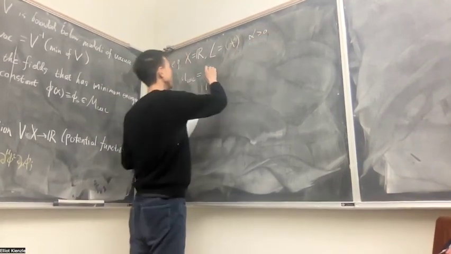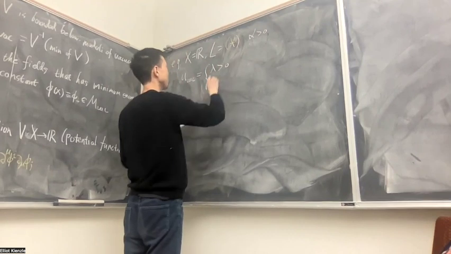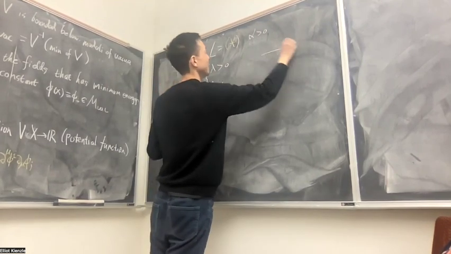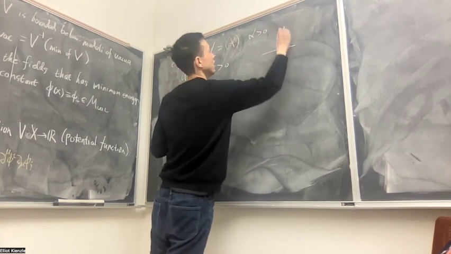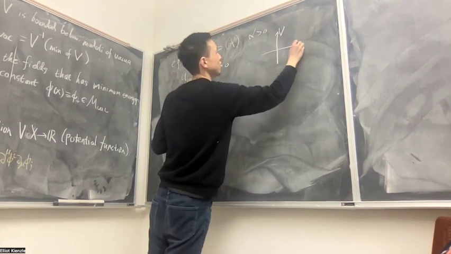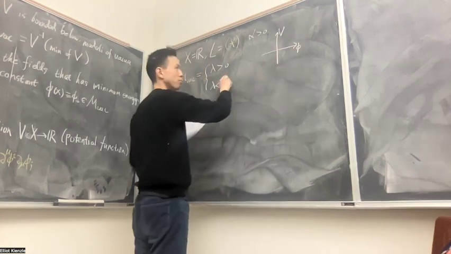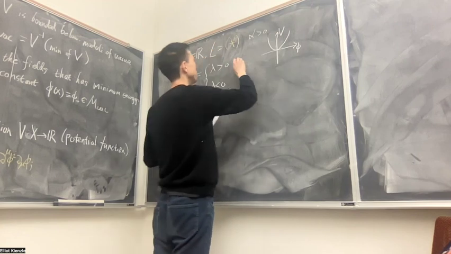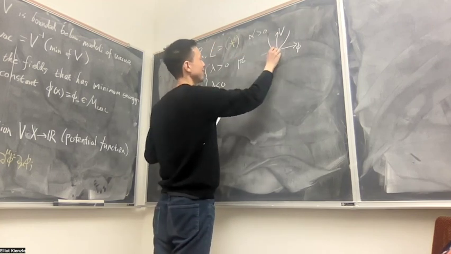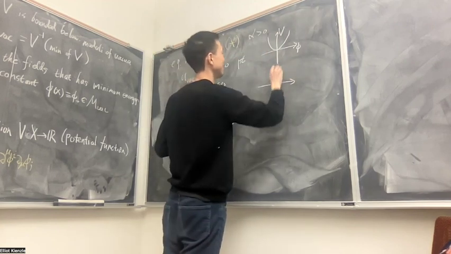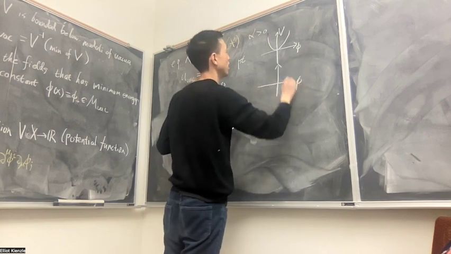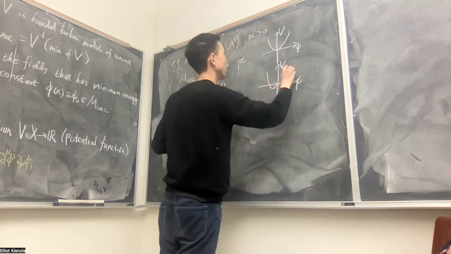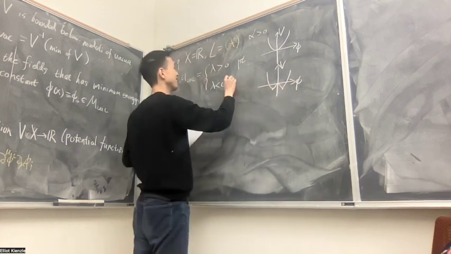But depending on whether lambda is greater than 0 or smaller than 0, your function, this is V, this is your value of phi, will be either like this, where your minimum is just a point, or like this, so your minimum is 2 points.